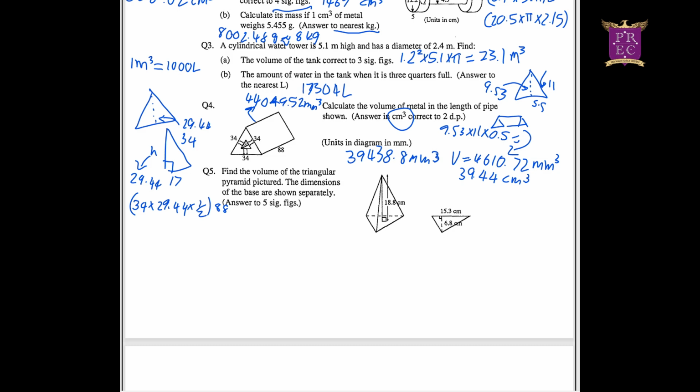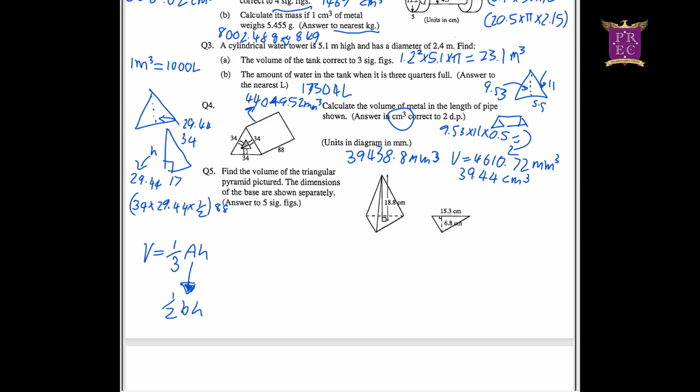Alrighty, let's go through the last one now. Find the volume of the triangular prism pyramid pictured. The dimensions of the base are shown separately. That's pretty easy. Remember, the volume of a pyramid is one third area of a triangle times the height. The area is just half base times height.